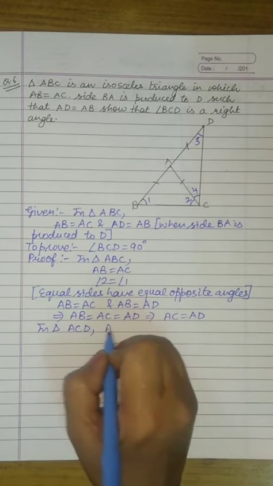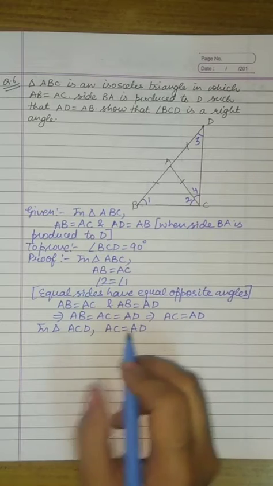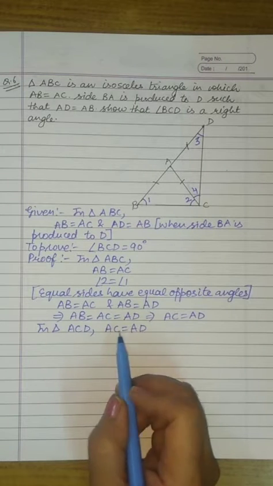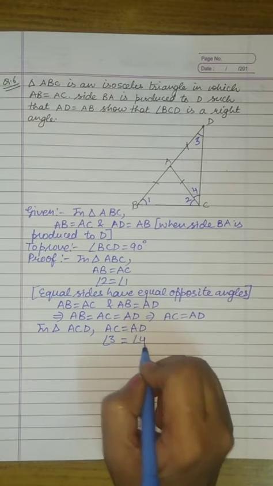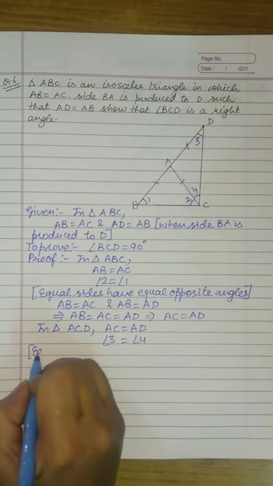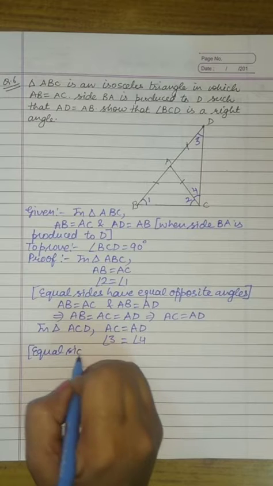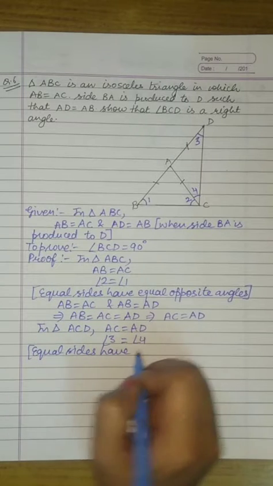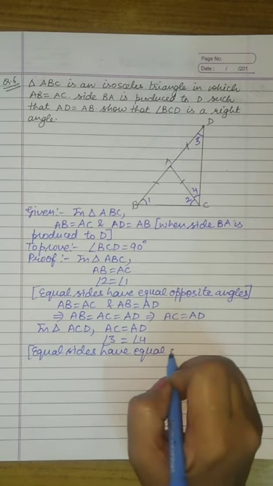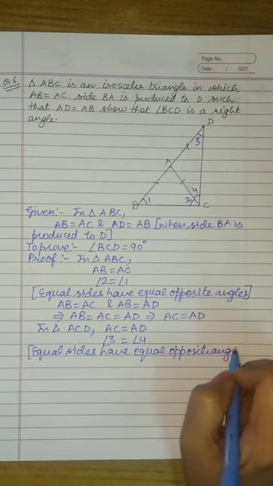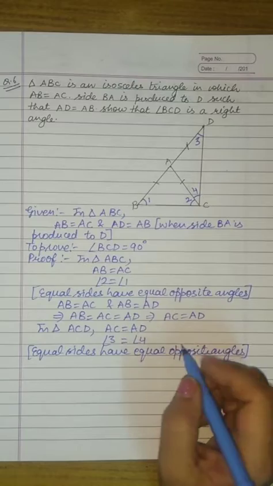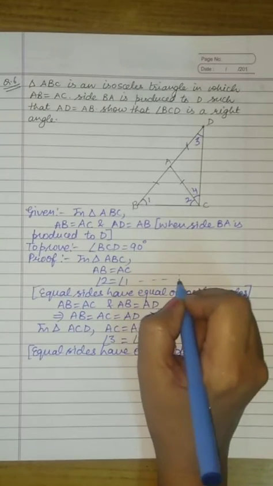Again the same reason, equal sides have equal opposite angles. Now let these be equation 1 and 2.